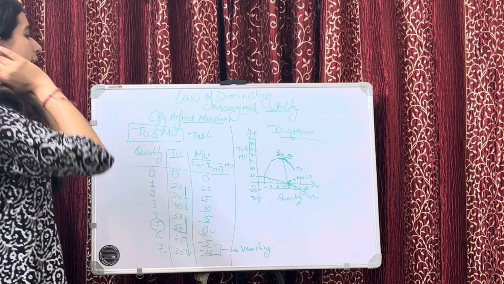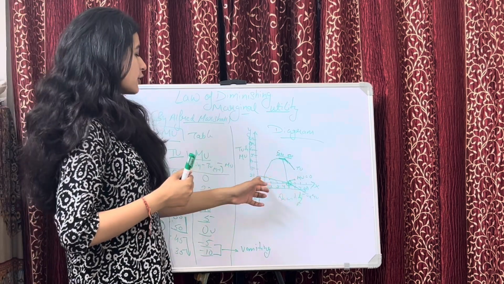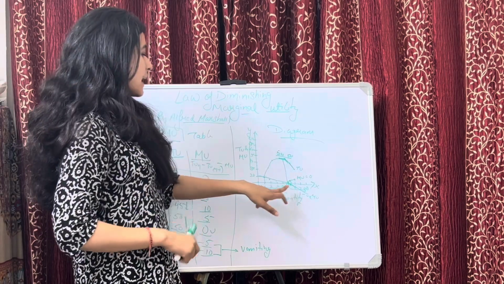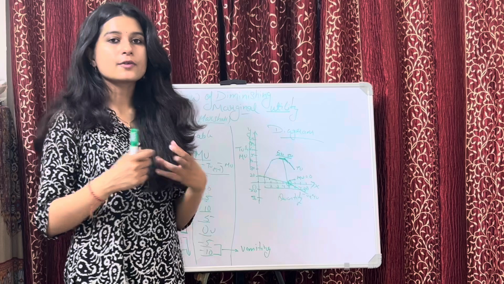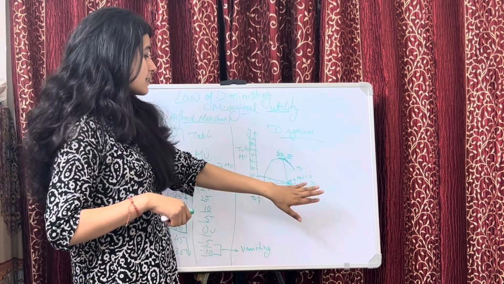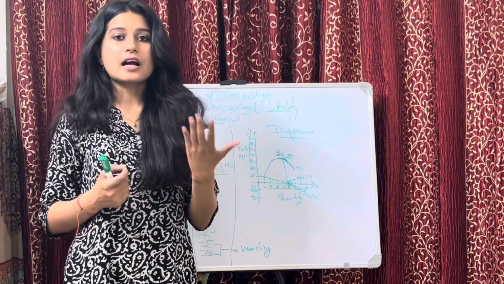And in this also I have told you the relation. When marginal utility is declining, your total utility will be increasing but at a diminishing rate. When your marginal utility becomes 0, your total utility will become maximum. When your marginal utility gets negative, your total utility will start decreasing.